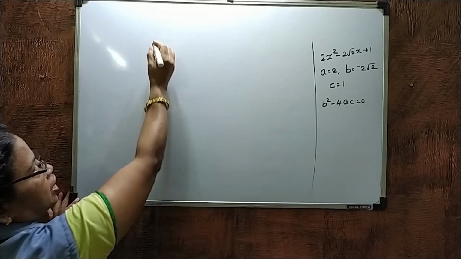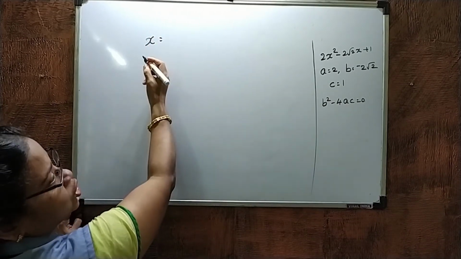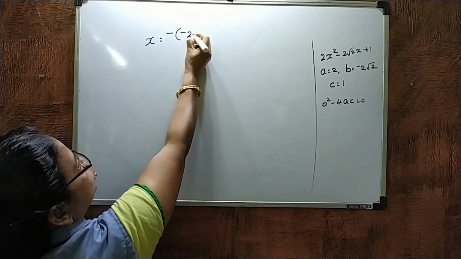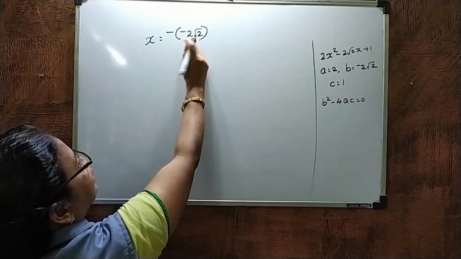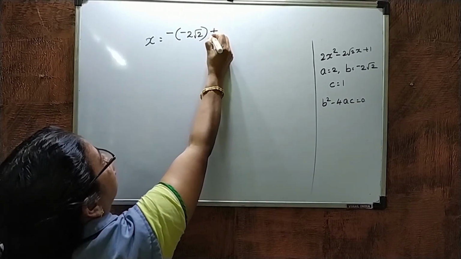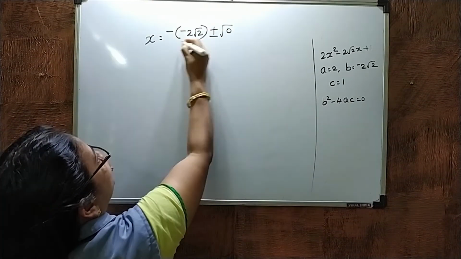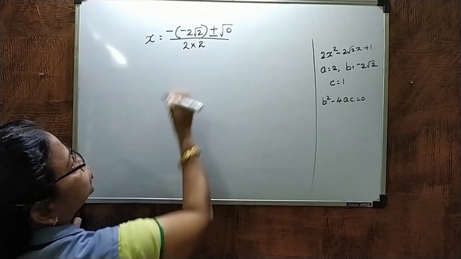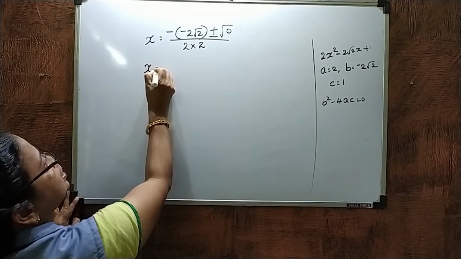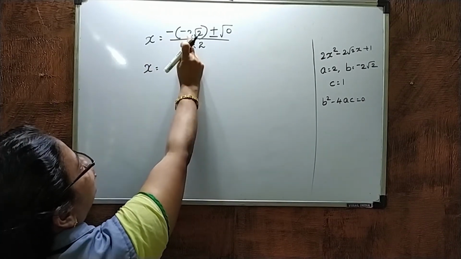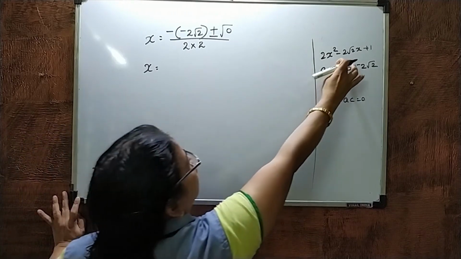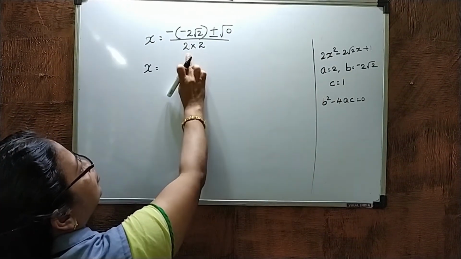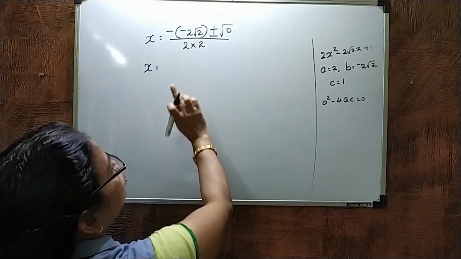What is the next step then? x is equal to negative b plus or minus root of b square minus 4ac, and you got 0, divided by 2a, which is 2 into 2.